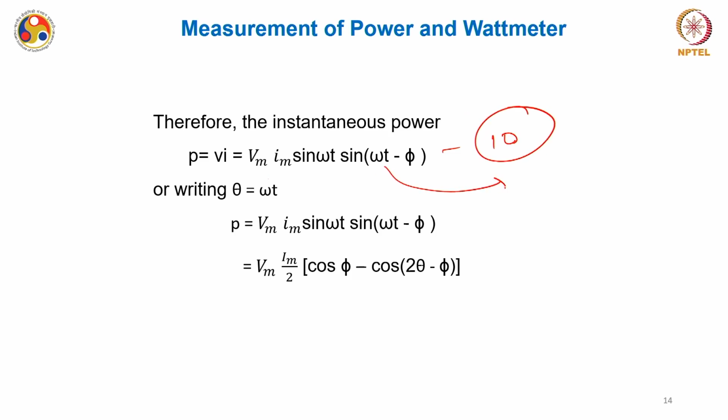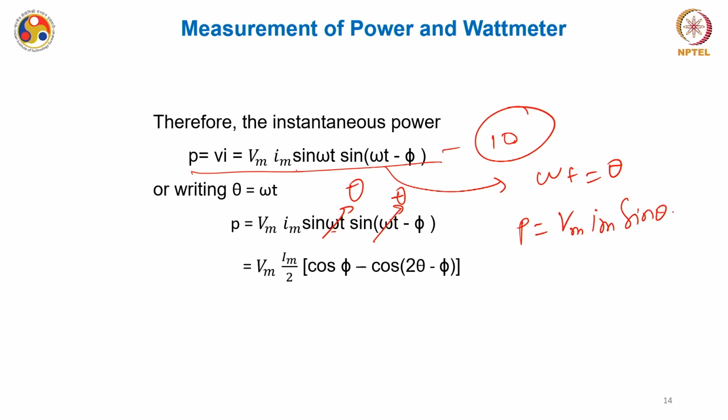If omega t is equal to theta, this can be written as P is equal to Vm into Im into sin theta into sin(theta minus phi), alright.